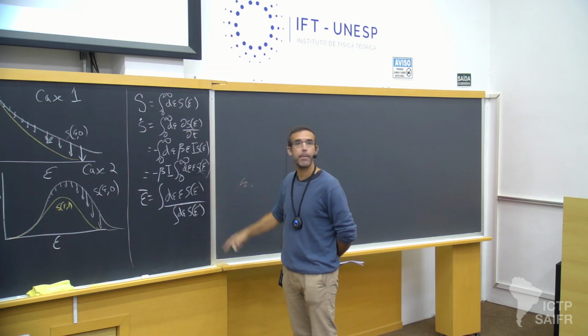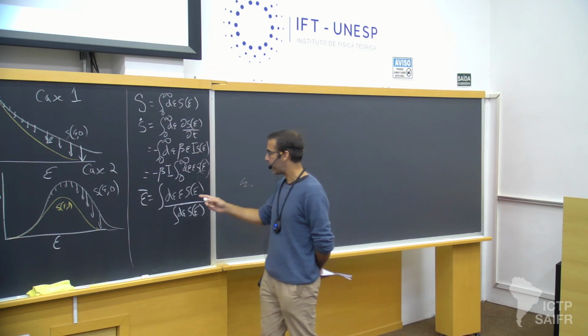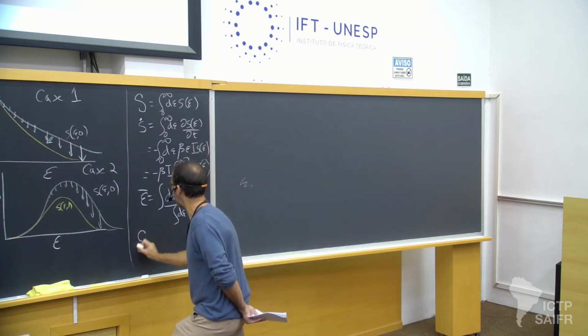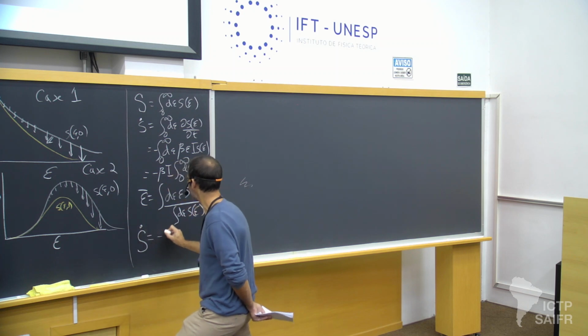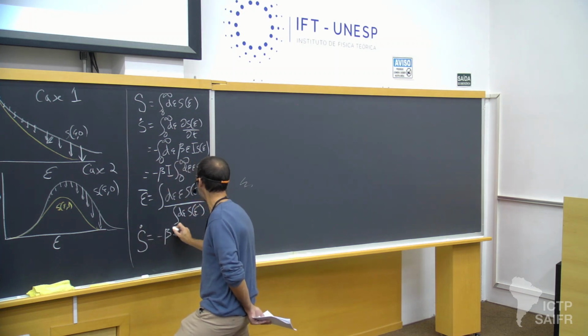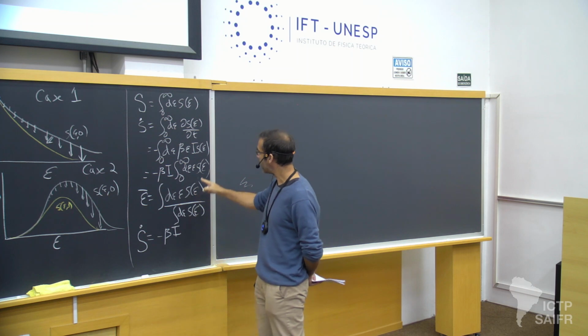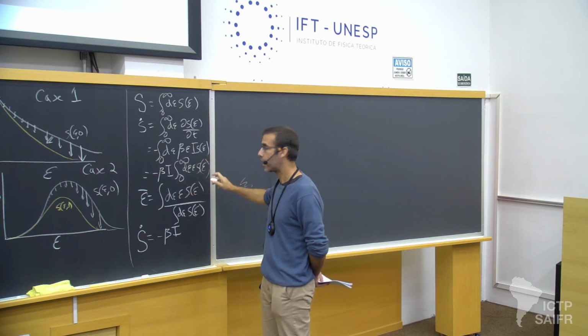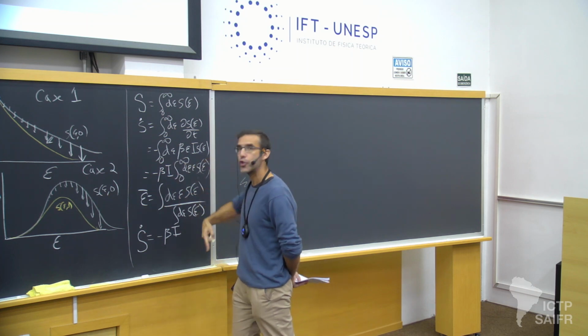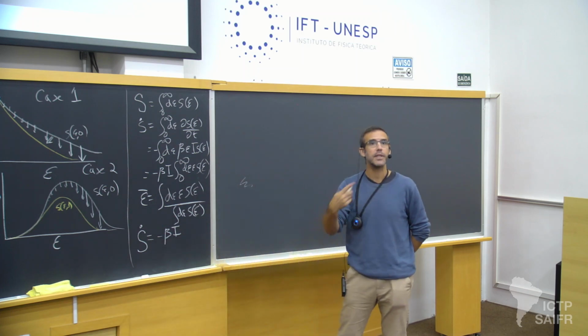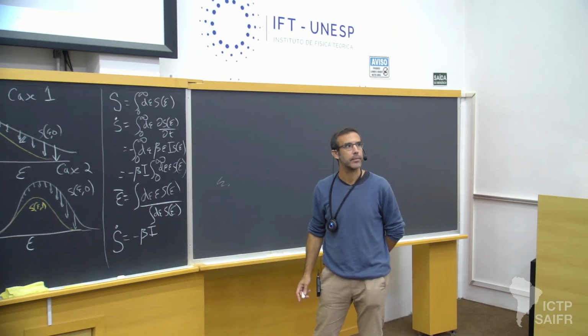So I only have the top part there. But I can then replace it and write that the change of the total population should be minus beta I. And you can see that this part here is nothing other than the total population of susceptibles times the mean susceptibility.